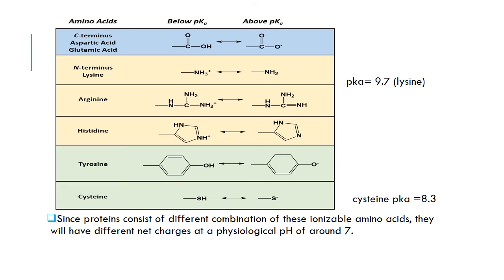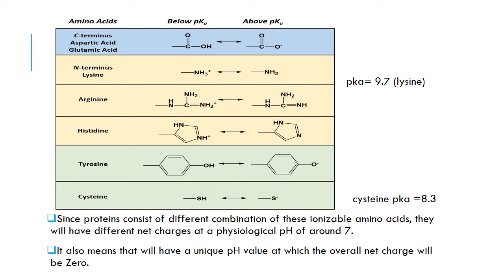If you randomly pick any pH, let's say a pH of 7, we are expecting different types of proteins to have different charges because of the different combinations of those amino acids we've mentioned. Another thing we need to note is that each protein will have its unique pH at which the net charge will be equal to 0. Why? Because we have different combinations of those amino acids.